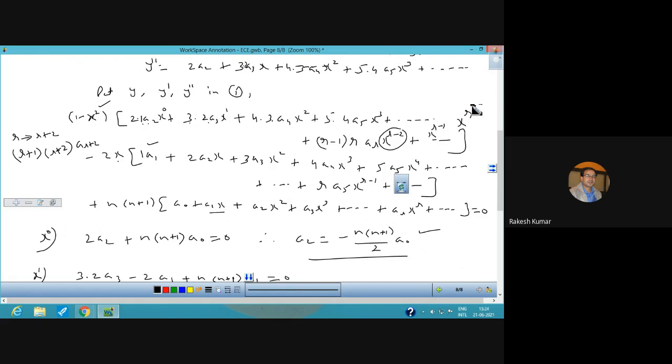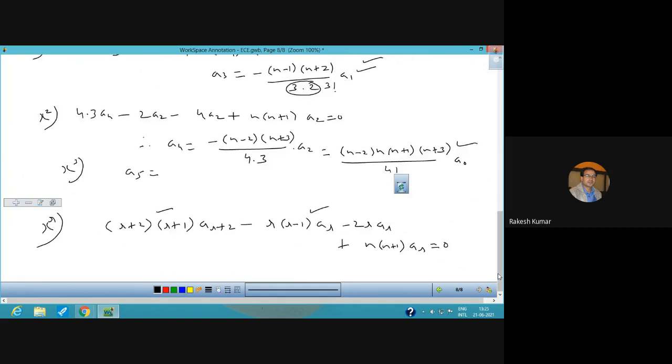It means that the coefficient of x raised to power r will be this term. And when you multiply x raised to power r by 1, you can easily equate this coefficient, r plus 1 r plus 2 ar plus 2, and that term is written over here. Similarly, we can also have these two terms.